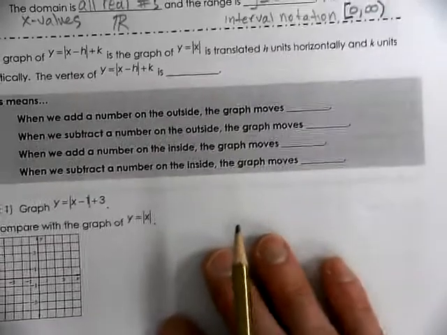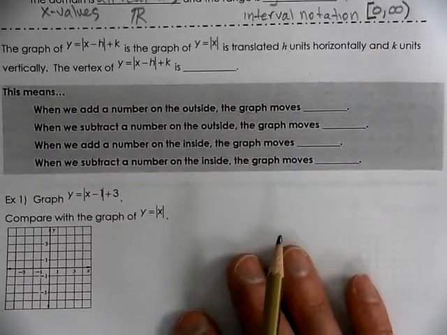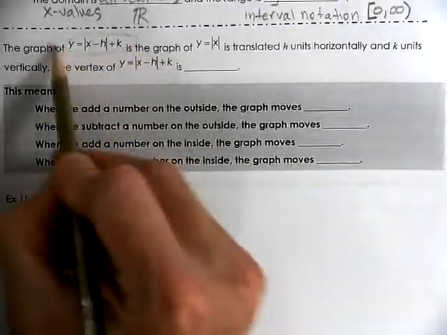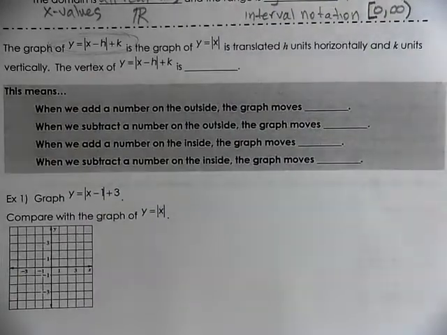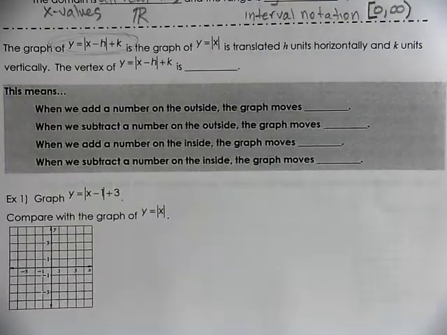All right. Here we get a little bit more complicated. If that was what's called the parent function, this is called a translation. This has the h and the k value. This is your standard form of an absolute value function.